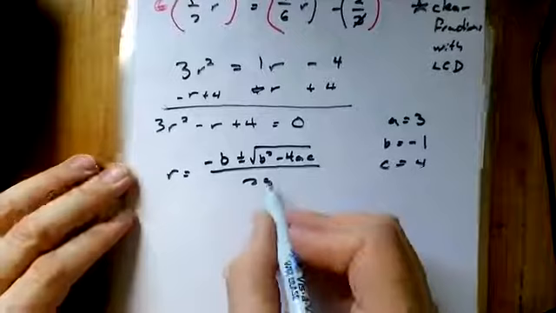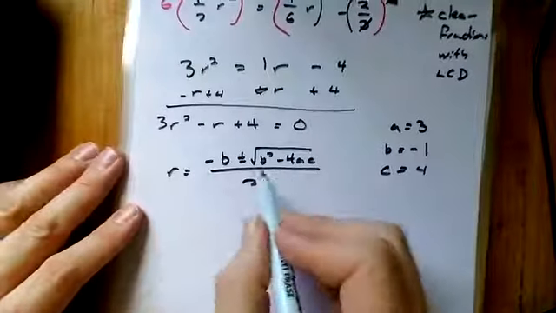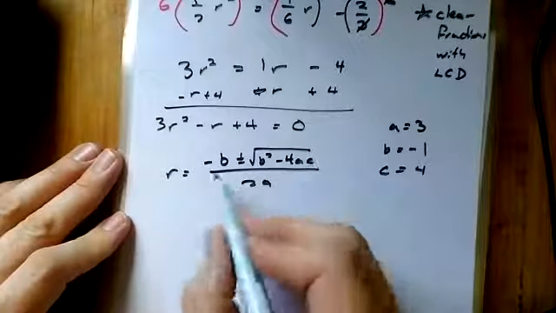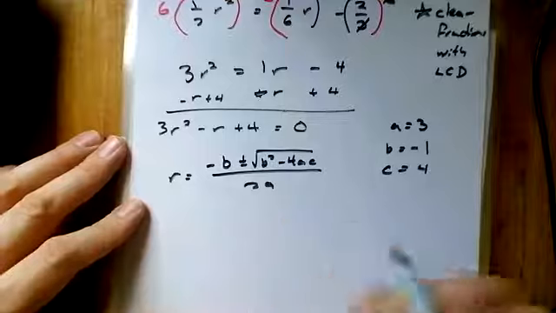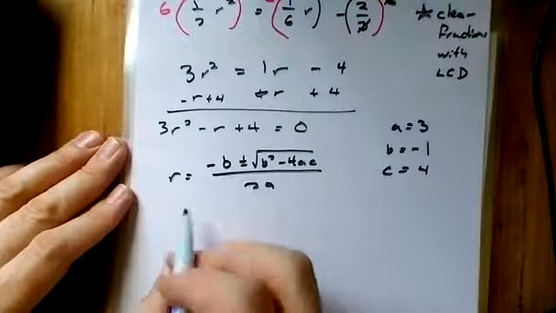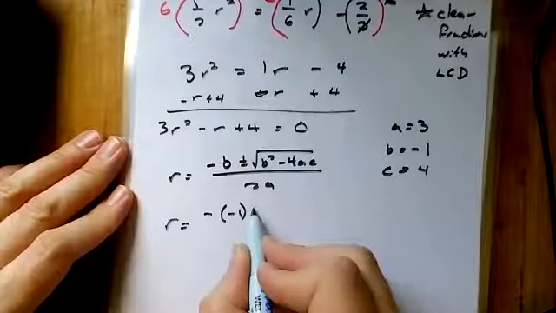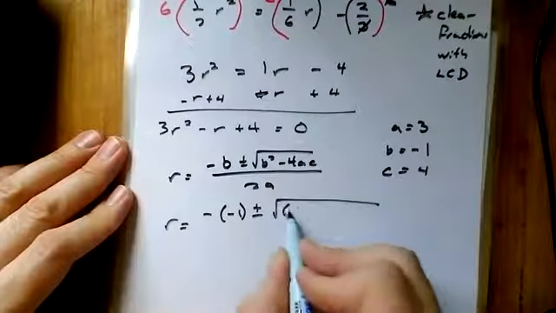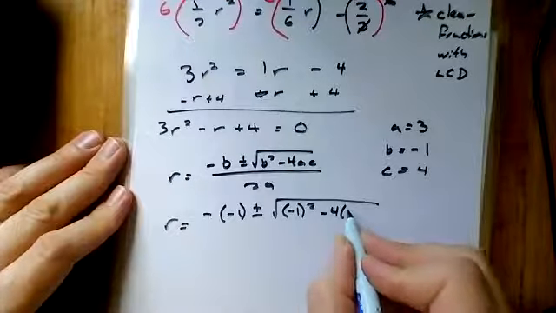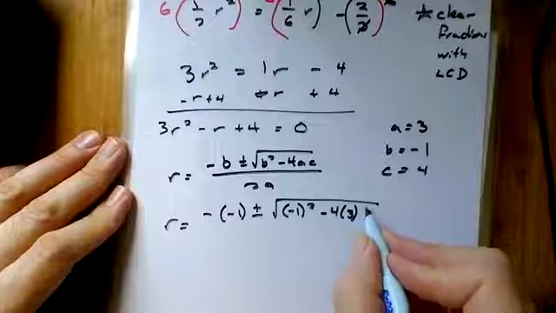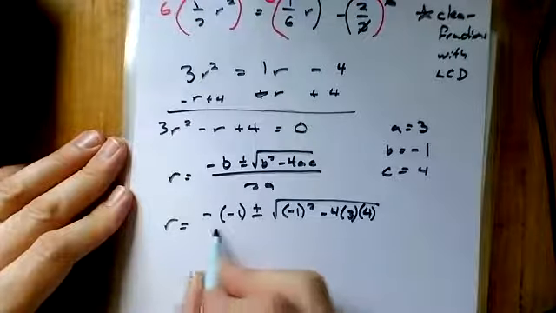I'm going through this fairly quickly, but you could pause the video and go back and hopefully take some notes if you need to. So this is going to be -1 plus or minus the square root of -1 squared minus 4 times 3 times 4.